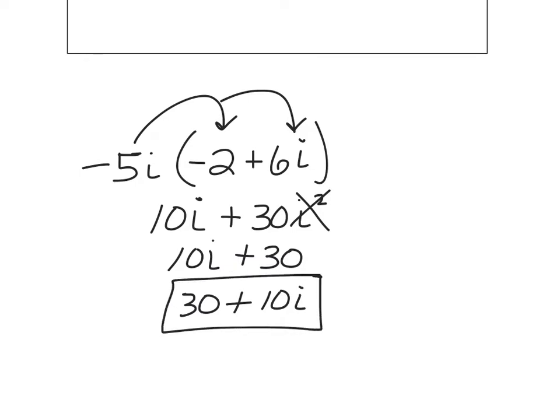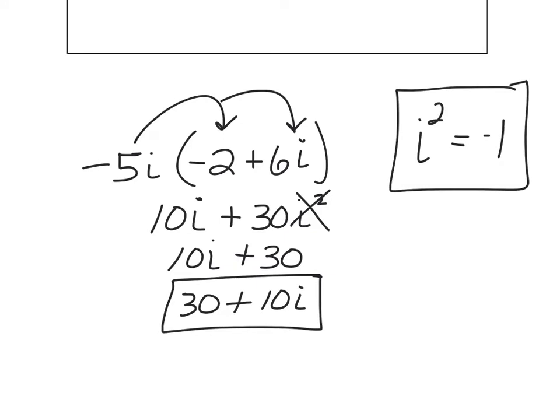The biggest thing to remember here is the distributive property and multiplying two monomials, but the biggest thing is that i squared is going to be negative 1, so whenever we have an i squared, cross it out and change the symbol in front. All right, you should be able to complete your class kick problems here for 4-8 day 3.